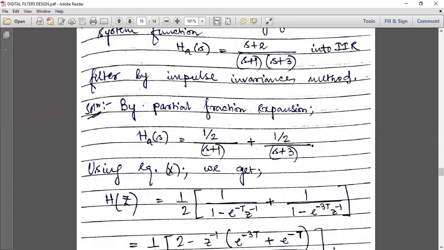Thus, aliasing is caused by the mapping of all such strips on top of each other in the Z plane.